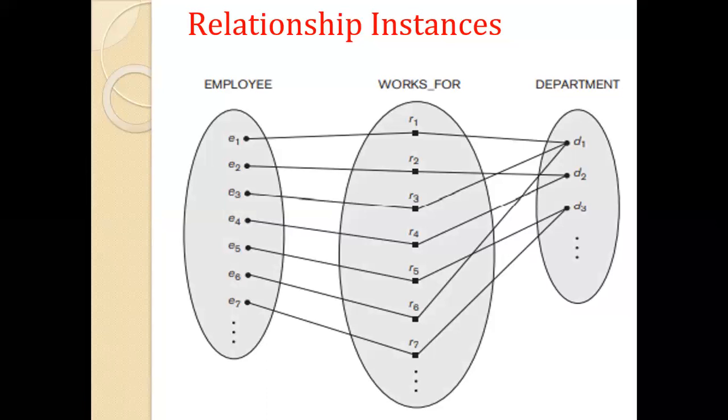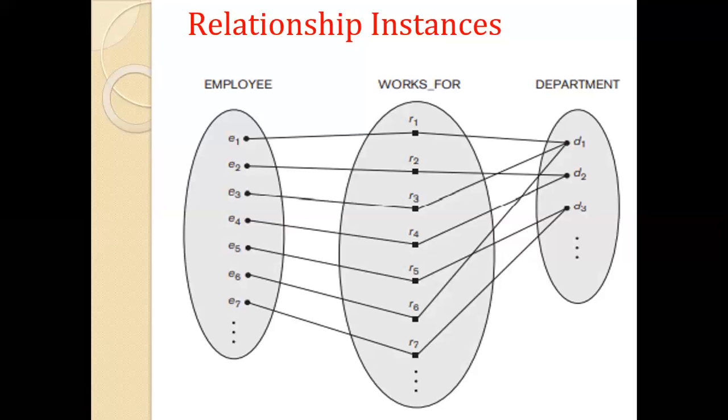It shows the number of employees in one entity type working for different departments. Again, this instance may be referred to in terms of the number of employees who work for the department, or how they work for the department.